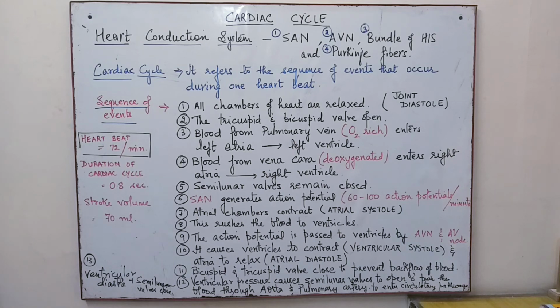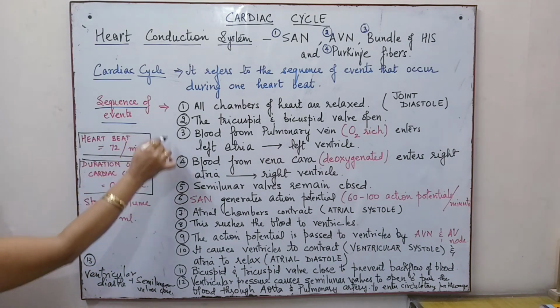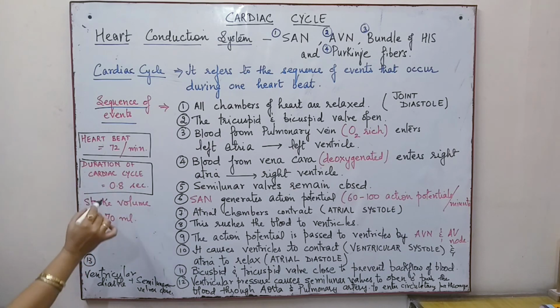That means we call it a pulse also. Now when the heart beats around 70 times per minute, we can calculate that the cardiac cycle duration is 0.8 seconds. So this entire process which we have talked about happens within 0.8 of a second.